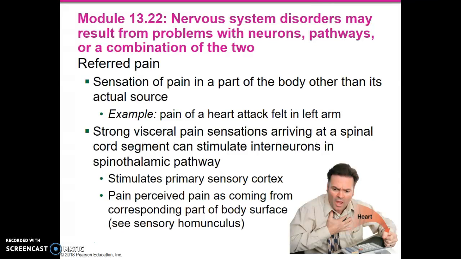That's referred pain. What happens is these pain sensations arriving at the spinal cord segment can actually stimulate interneurons in that spinothalamic pathway, and it stimulates the primary sensory cortex. The pain is perceived as coming from the corresponding part of the body surface. We don't have a visceral homunculus.